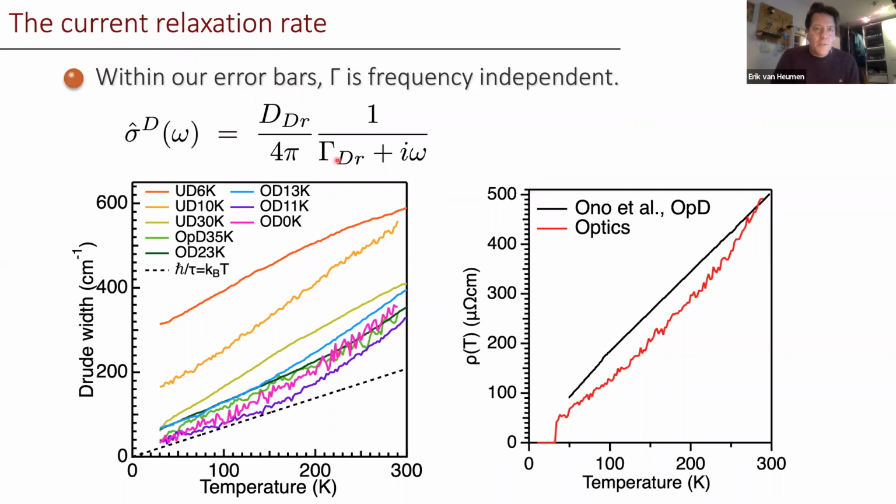If we combine these two numbers, Drude weight and scattering rate, as a function of temperature, then that should reproduce the DC resistivity, and indeed it does. If I take from my optics experiments the Drude width and Drude weight, I can, without any further scaling, get very good agreement with the measured resistivity on such crystals.